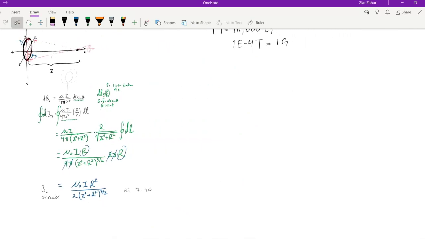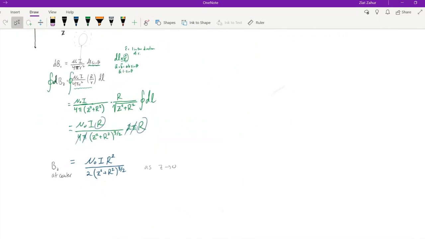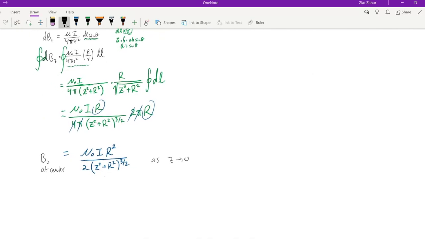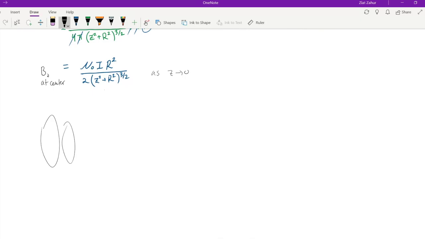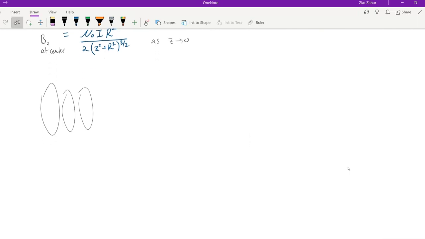All right. Anyway, let's go and do multiple. You guys are slowing me down. Let's keep going. What if we had multiple loops? Whoa. All right. Well, if I had multiple loops all squished together, then we can just multiply it by n. So B of coil at the center must equal mu naught over 2. Remember, z is now 0.